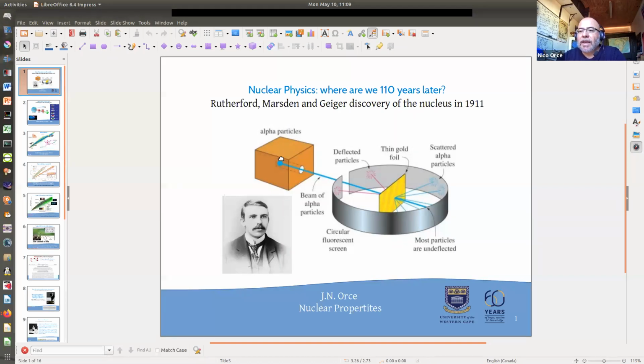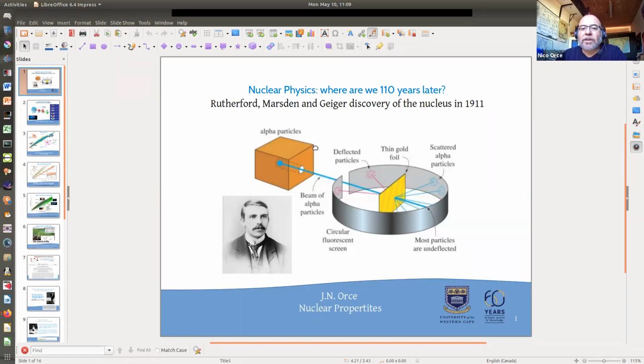It can normally be a heavy nucleus. A triple alpha source is composed of different nuclei which emit alpha particles, and those alpha particles are collimated towards this thin gold foil. And this experiment you probably already know from modern physics in second year.